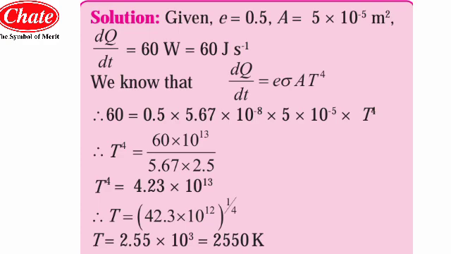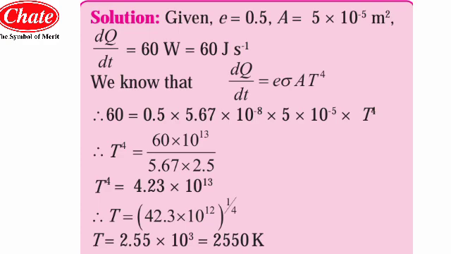Now the formula we have is dQ by dt, that is the heat energy radiated per unit time, dQ by dt is equal to E into sigma into A into T raised to 4. So this is the formula we have to use.